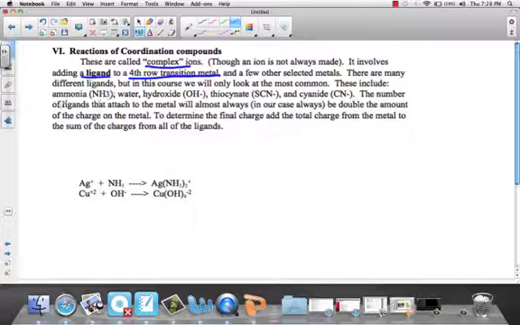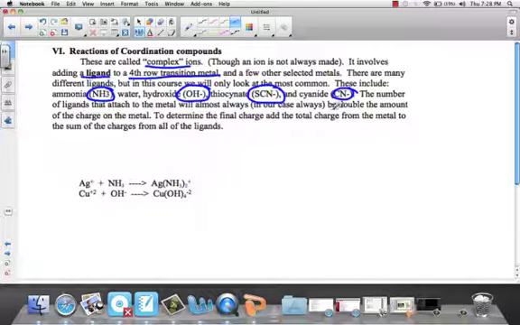There are many different ligands, but in this course we're only going to look at the most common. Those are the ones you should know: NH3, OH-, SCN-, and CN-. The number of ligands that attach to the metal will almost always, in our case, be double the amount of the charge on the ion.